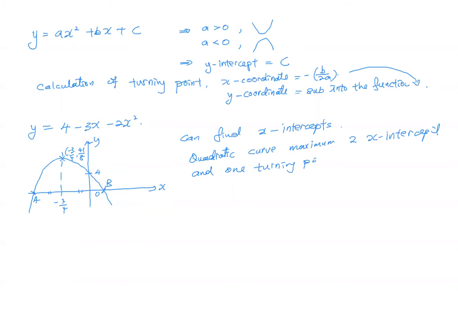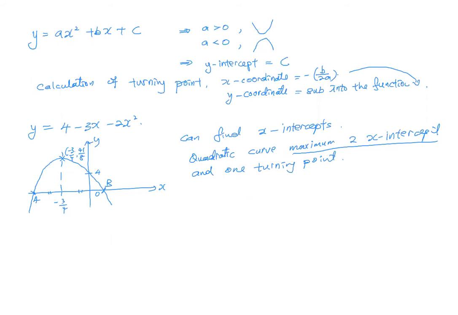When you did high school, did you make a summary like that? What do I mean by maximum 2 x-intercepts? That means you can have only 1 or even 0. If I have 0 x-intercepts, that means the graph doesn't cut the x-axis.